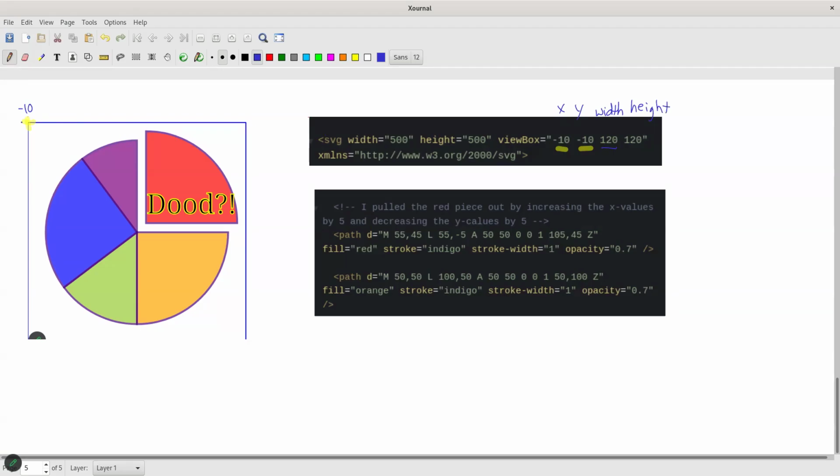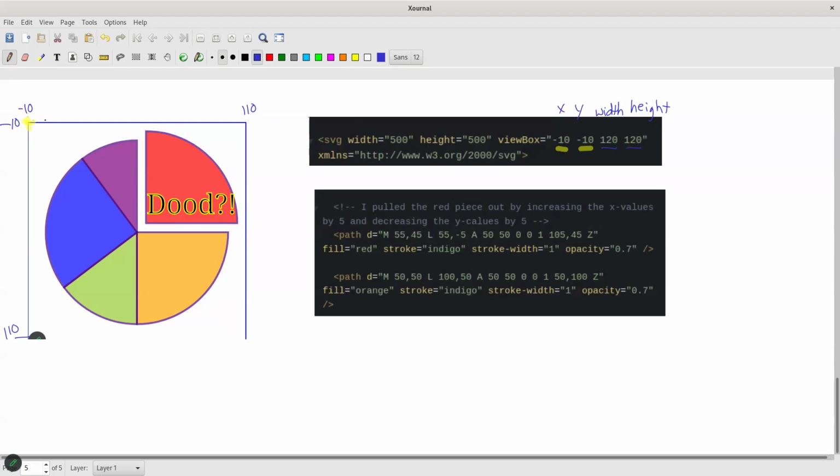So from -10, I go to the right 120. That's going to put me over here at 110, right? The distance from -10 to 110 is a width of 120. Same thing the other way. So this starts at y equals -10, and it ends down here at y equals positive 110, because that would give me a height of 120 there.